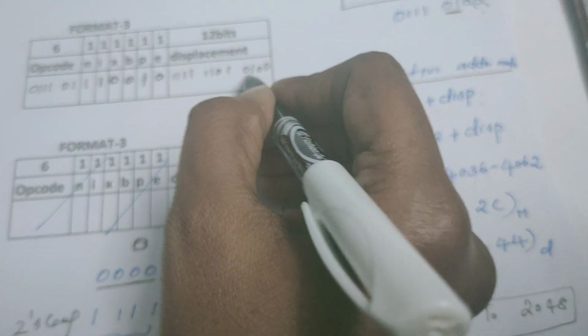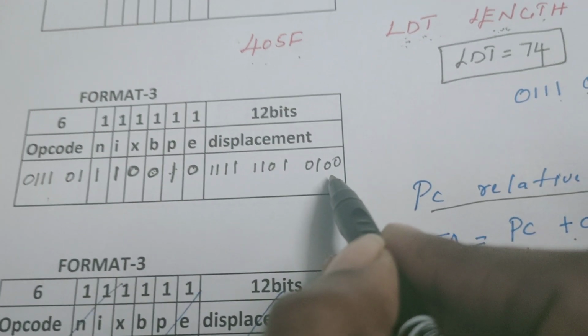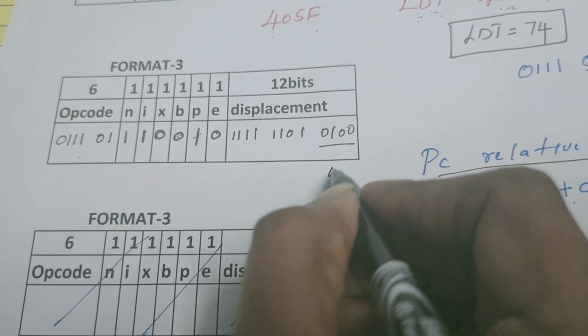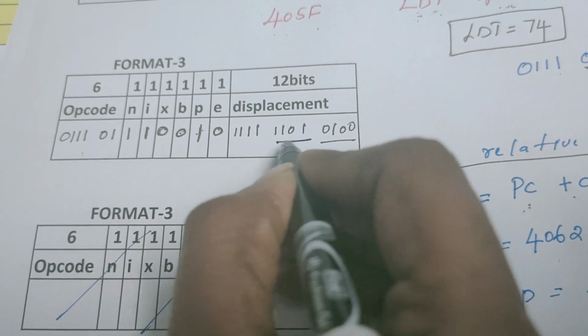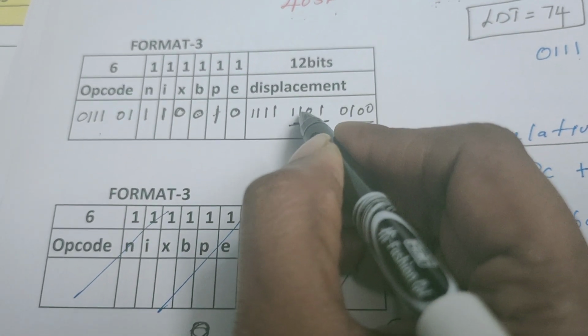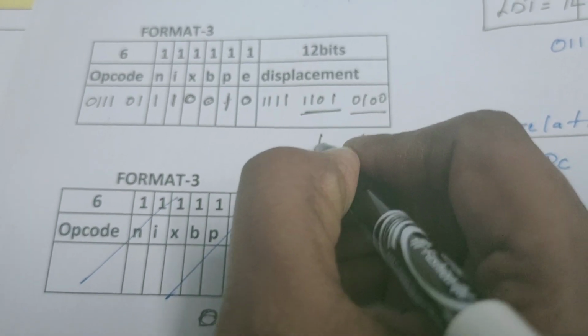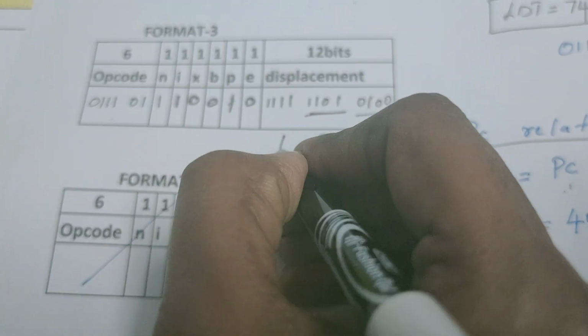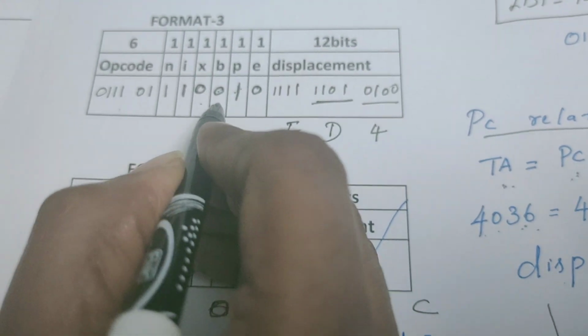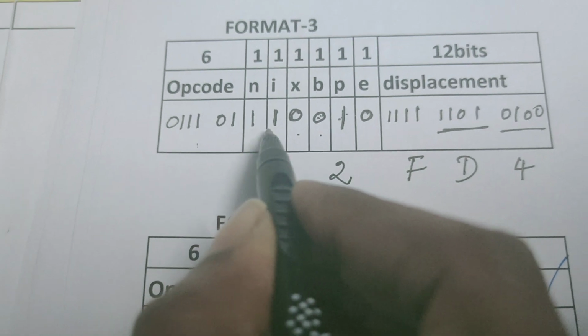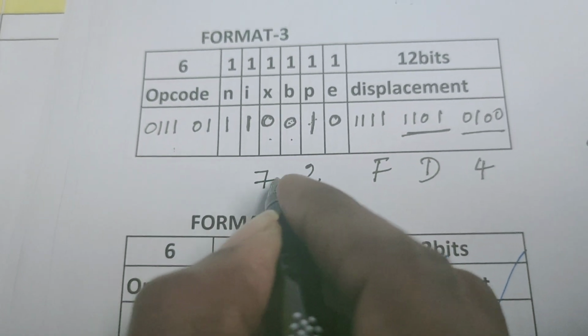From the last 4 bits you combine and you write the hexadecimal equivalent. For this 0100 it is 4. For this 1101 it is 8 plus 4 is 12, plus 1 is 13, it is D. This is F. 0010 it is 2. 0111 it is 7.